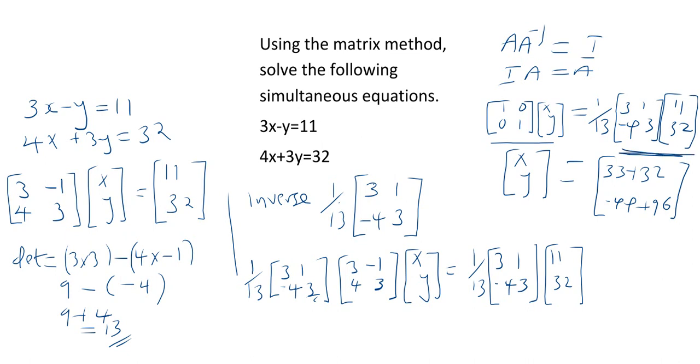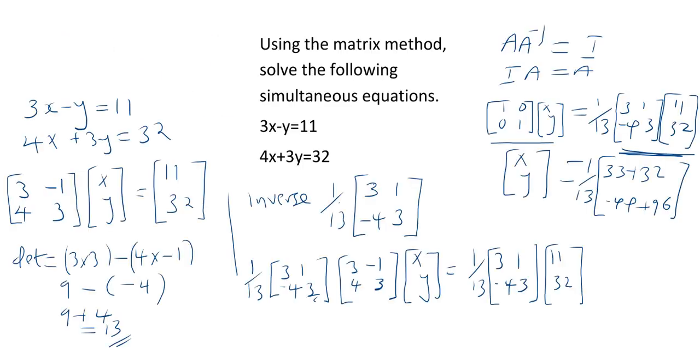Then we have to multiply this with 1 over 13. So we shall be having xy, which is equal to 1 over 13 multiplied by this matrix.